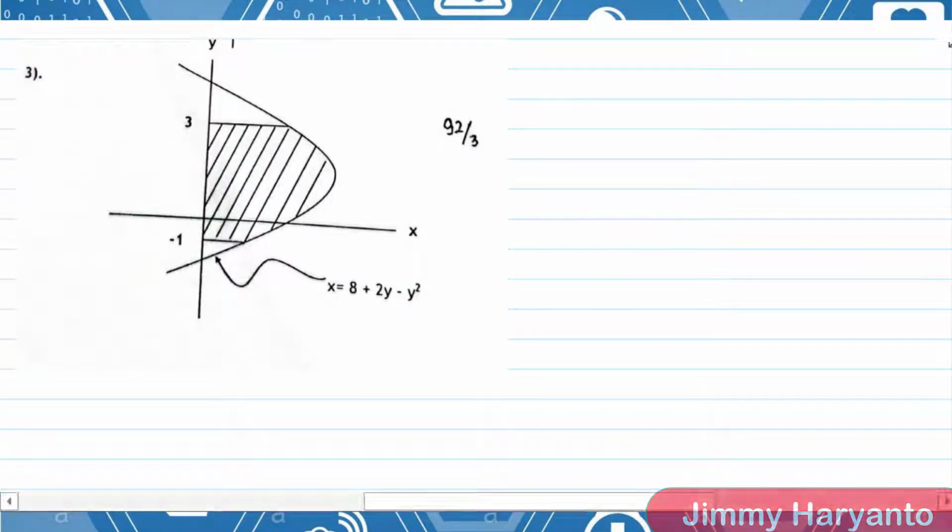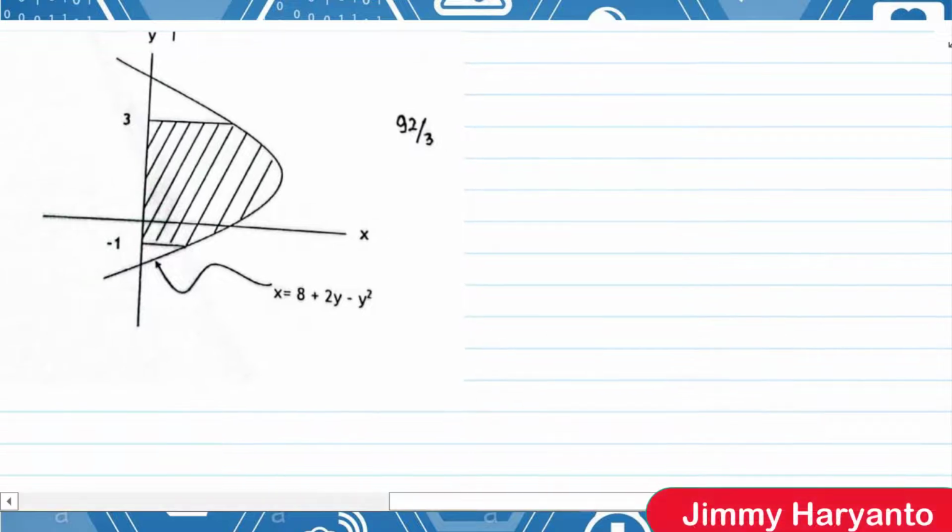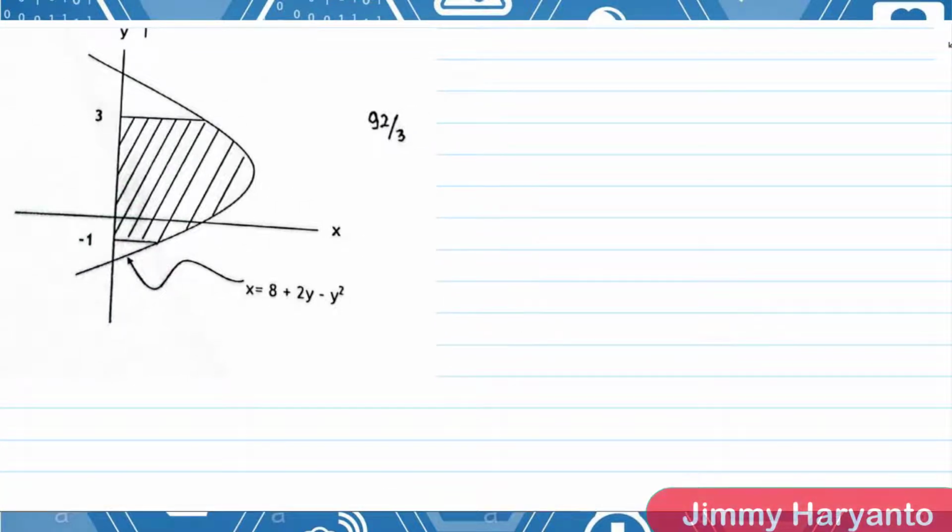And then for number 3, we have this curve and the area is above the y-axis, or you can say at the right side of the y-axis. That means we have to see this area with respect to the y-axis. So first take a look at the function.